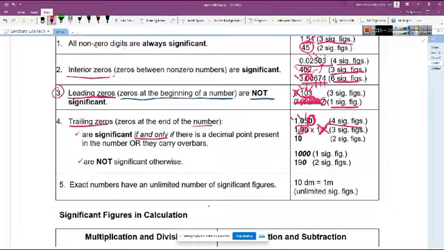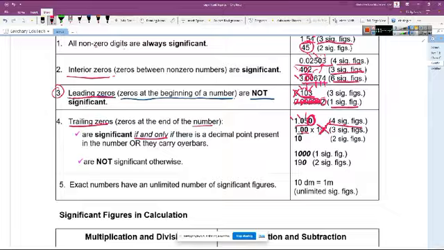So how many significant figures do we have here? We have 1. Will we not consider these 2 trailing zeros? Yes, because they're at the end of the number.